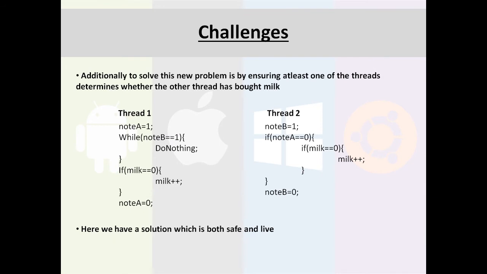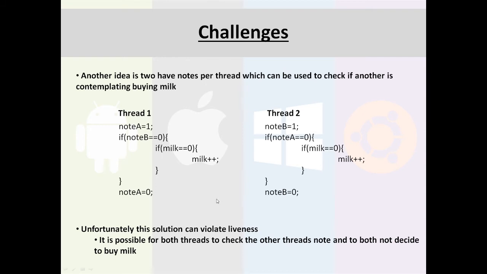Let me just rewind a bit. How this occurs is if thread 1 is processed up until the end of this line, so he sets his note A to equal 1. Then thread 2 is scheduled and he processes this first line, which is note B is equal to 1. So now both notes are set to 1. Then if thread 2 carries on, well, note A is still equal to 1, so he won't do this.